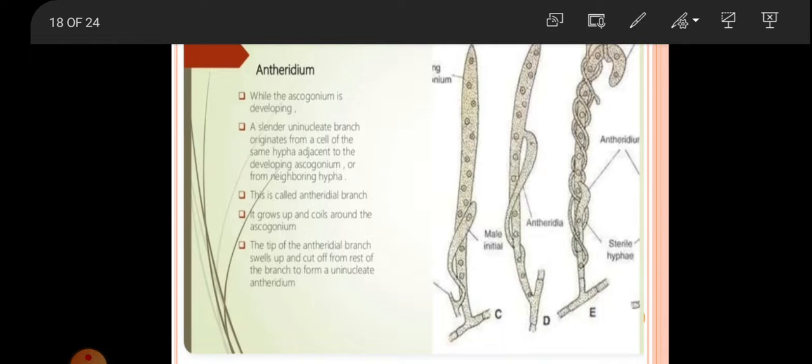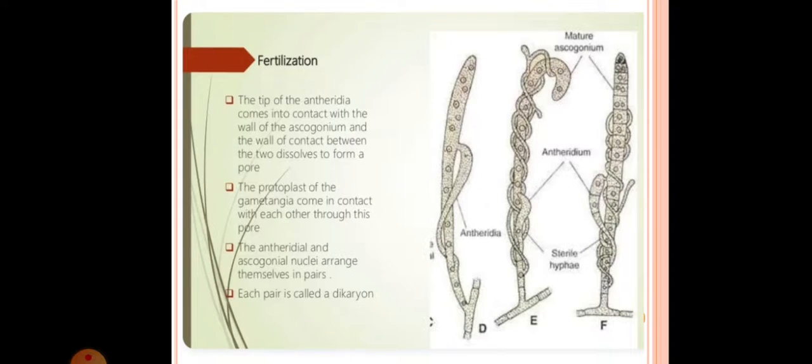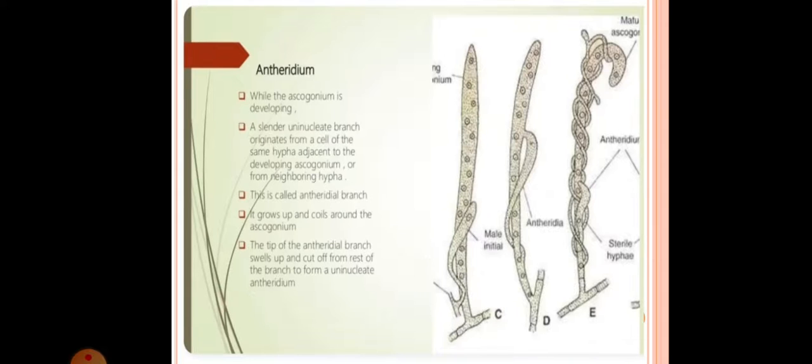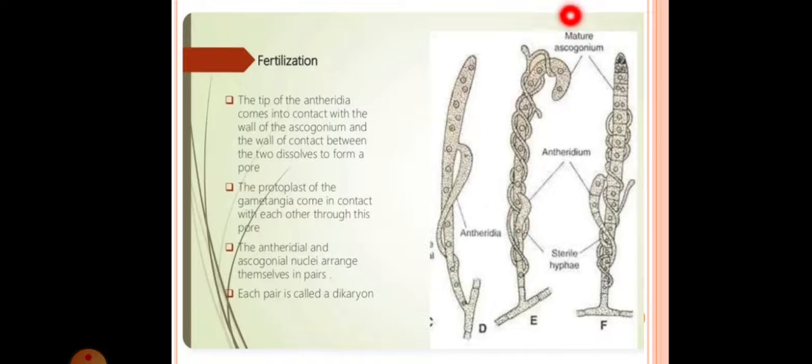Then the next one is fertilization. Here you can see the picture of how the fertilization takes place. The tip of the antheridium comes into contact with the wall of the ascogonium, and the wall of contact between the two dissolves to form a pore.